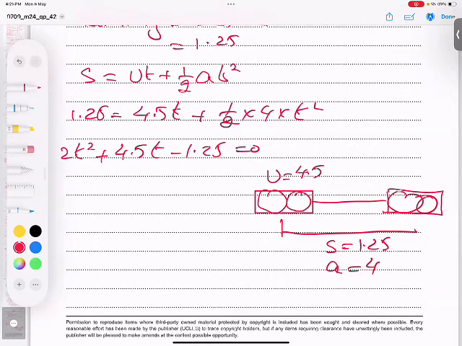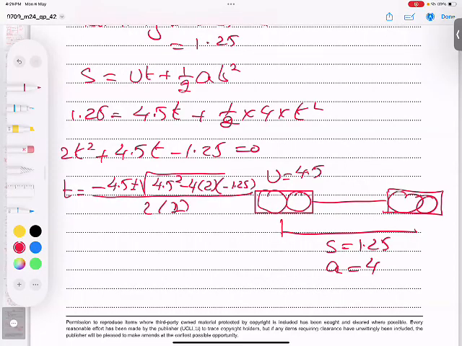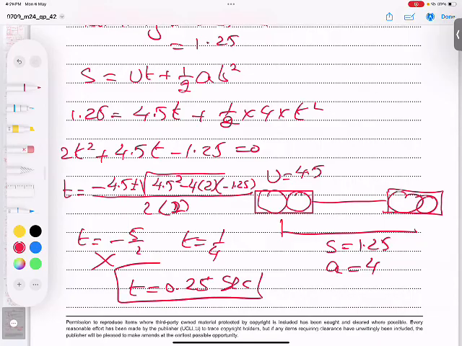I plug into the quadratic equation: t equals negative b plus or minus square root of b squared minus 4ac, over 2a. When I apply the formula, I got two answers, 1 by 4 and negative 5 by 2. The negative I have to ignore, and the time is 0.25 seconds.